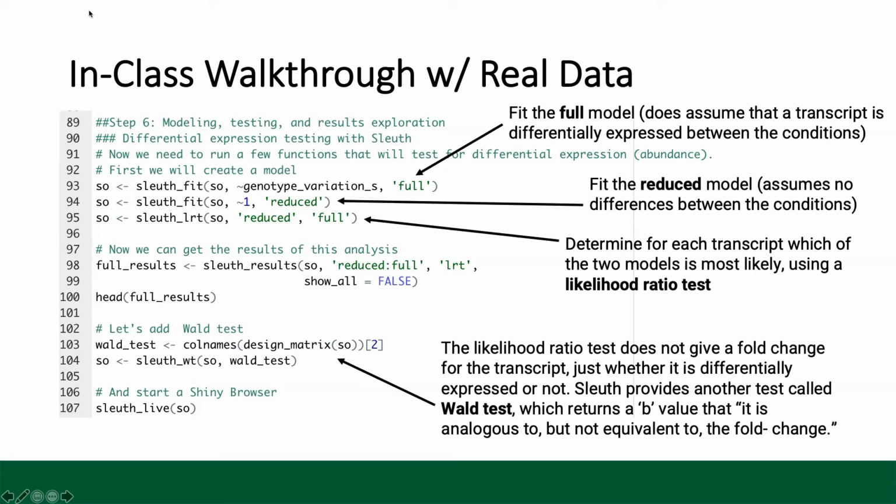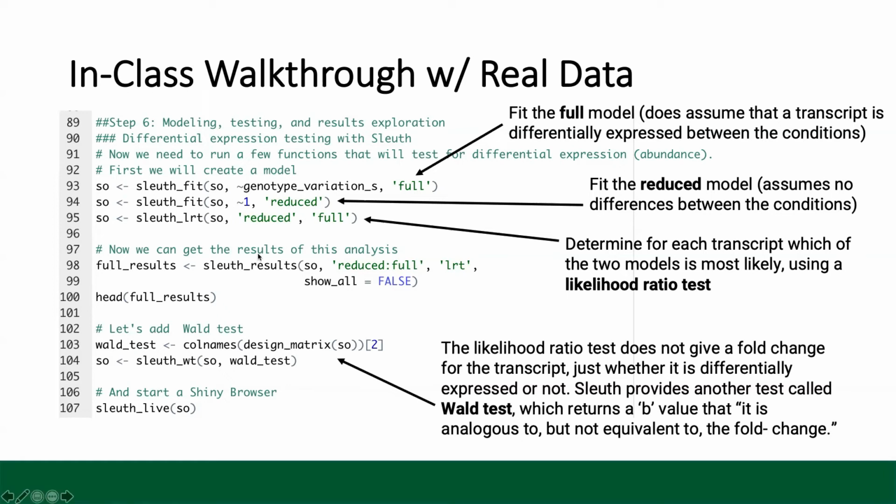This assumes no differences between your two conditions. Once you get those two models run, you're able to run a likelihood ratio test on those two. So you're pulling your full model and your reduced model into the sleuth LRT command. For every single transcript, it decides which of the two models best fits your data: do they seem to be differentially expressed, or is there no difference between them?